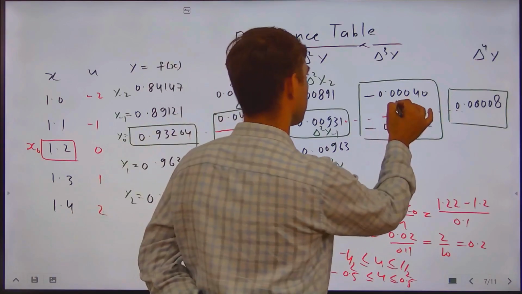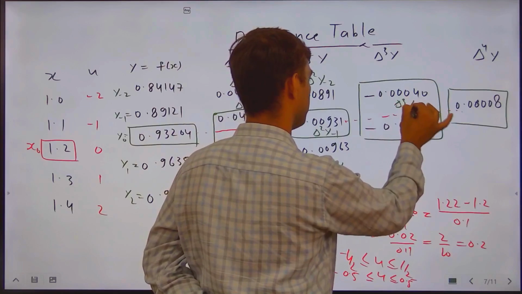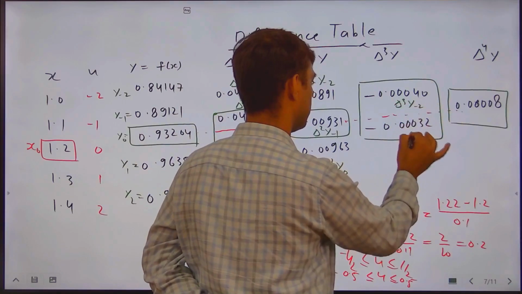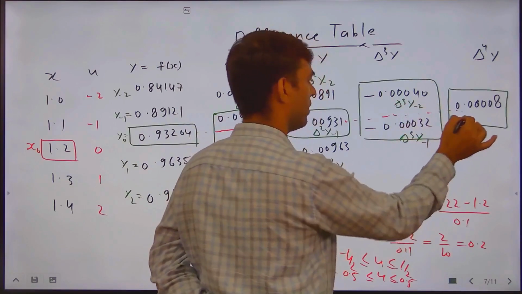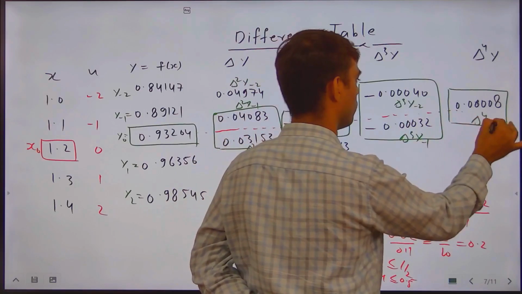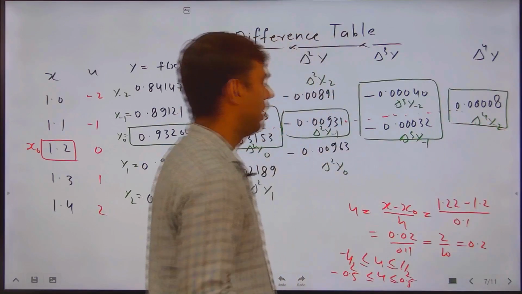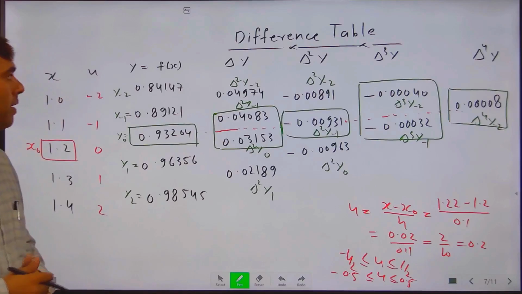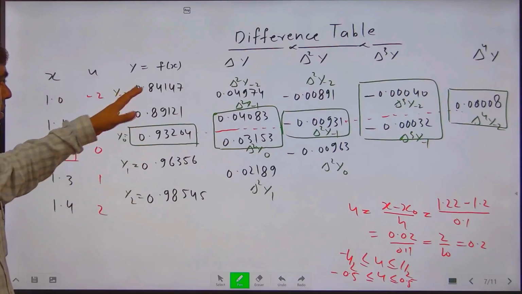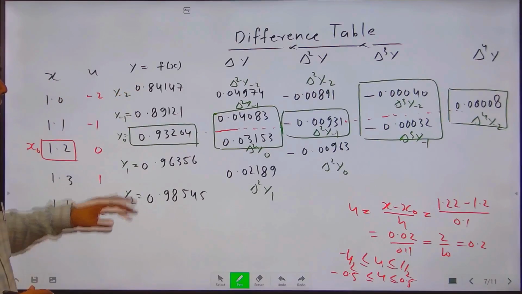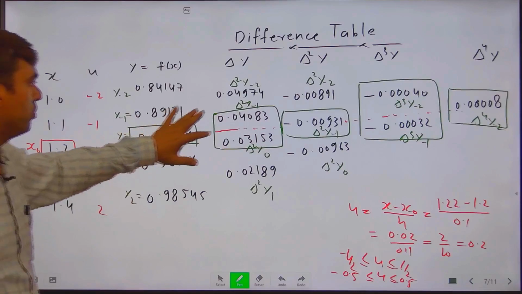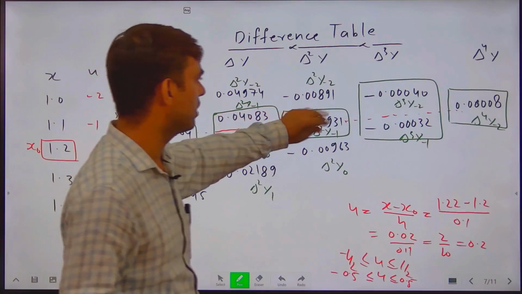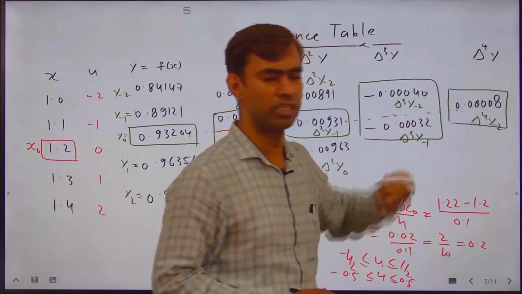this one is del 3 y minus 2, del 3 y minus 1. This one is del 4 y minus 2. Either you write the values in terms of notation, or you choose the central value, the average of two central values.